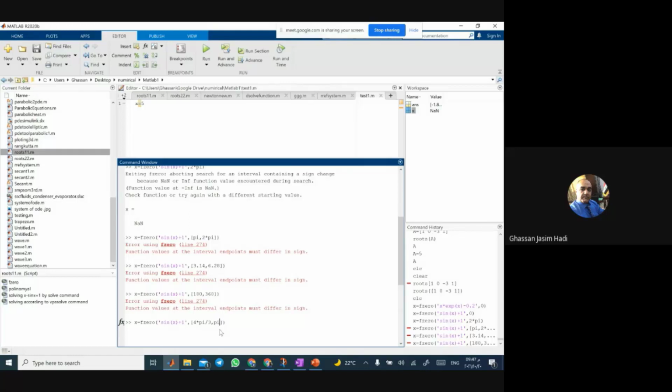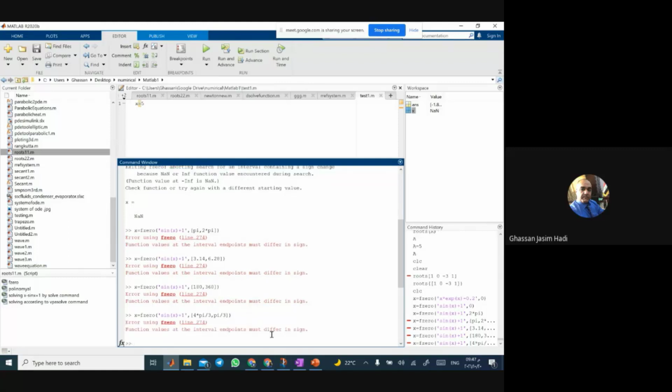Now let's enter the function value at the interval.